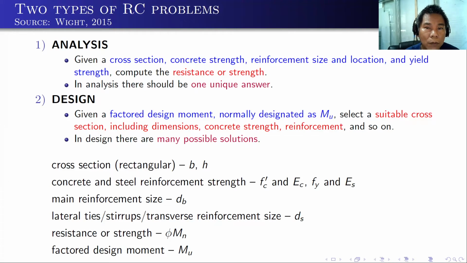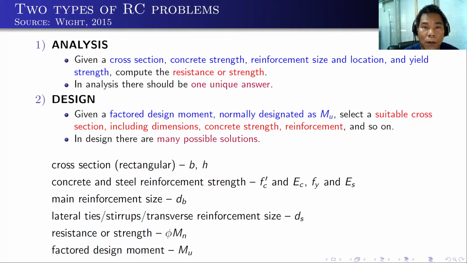And this is the reason why we usually have different sections, different strands, different dimensions, because we vary in our assumption. Also, when you're designing, you have to take note of the typical notations. Usually for rectangular sections, the dimensions are b and h.